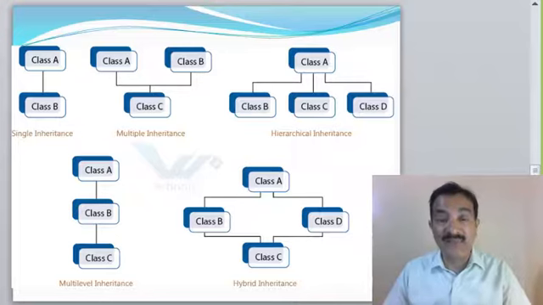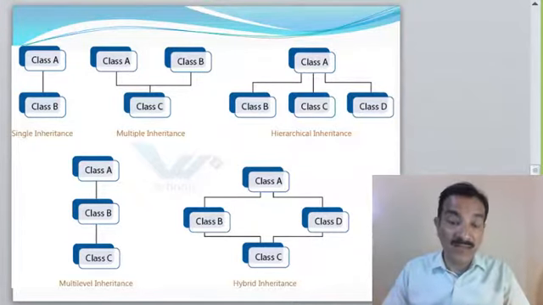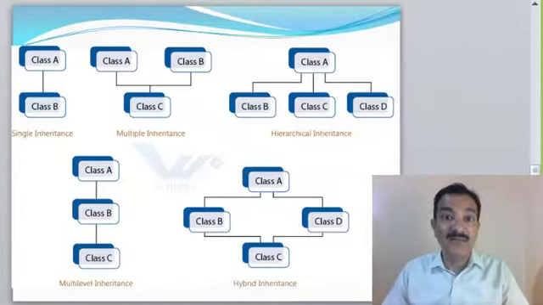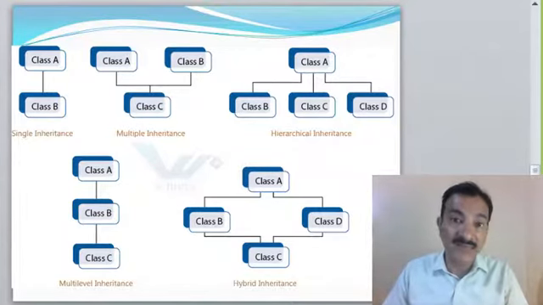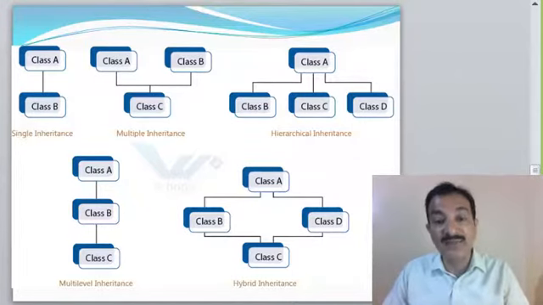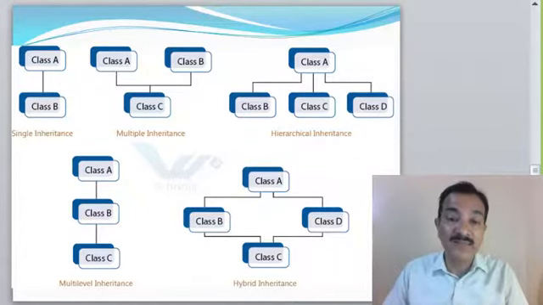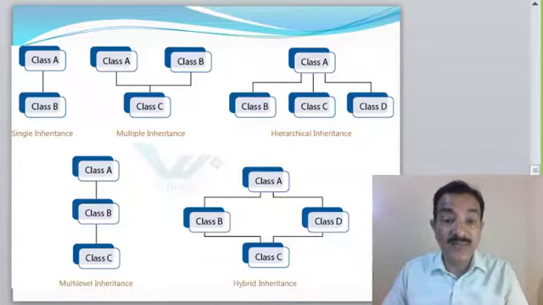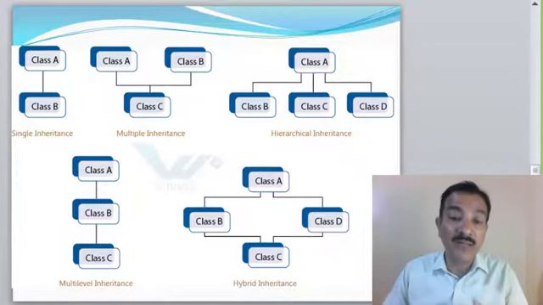Class B is inheriting class A and class C is inheriting class B. So naturally it will be able to inherit class A also.